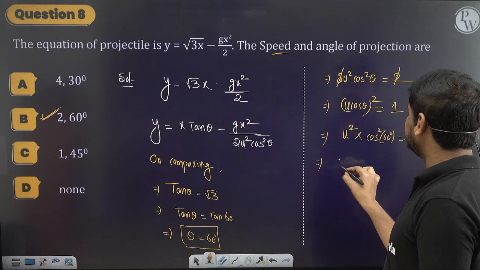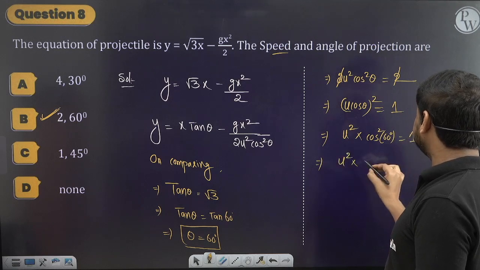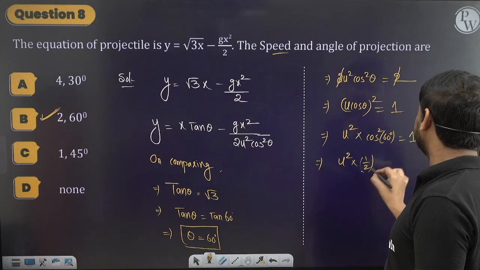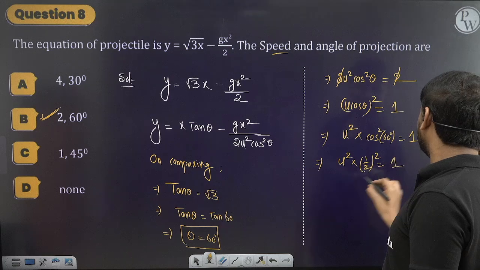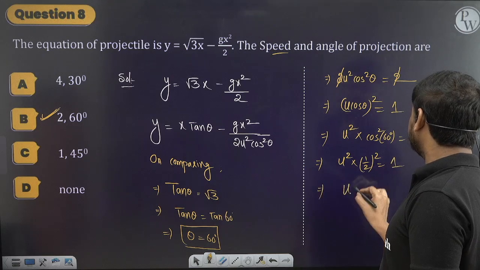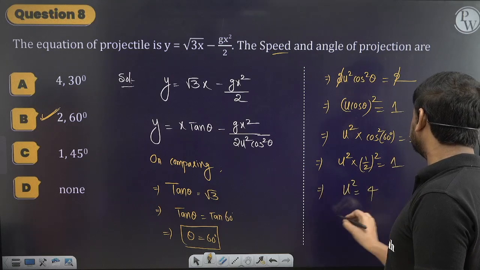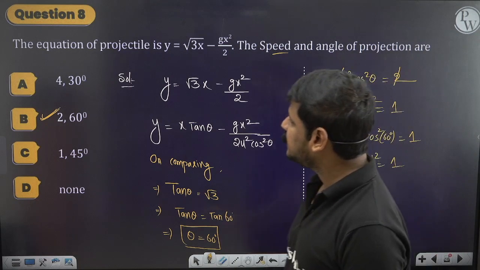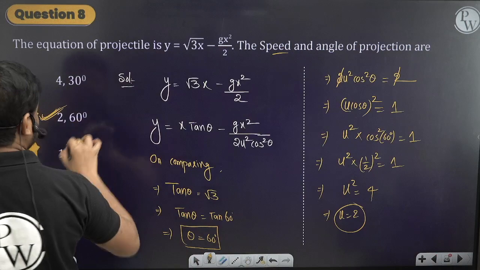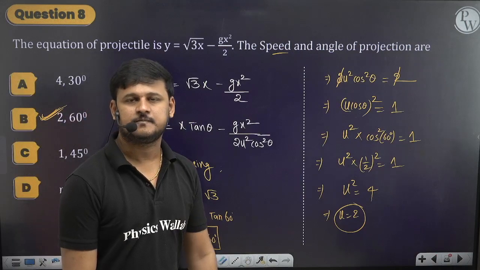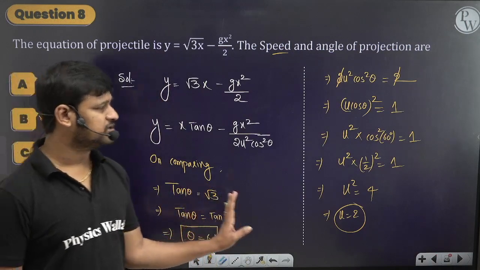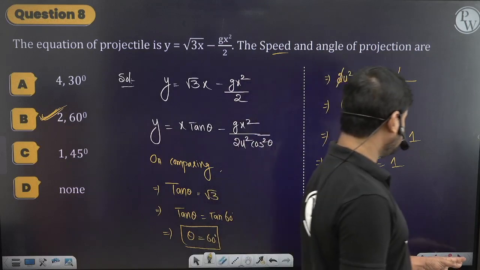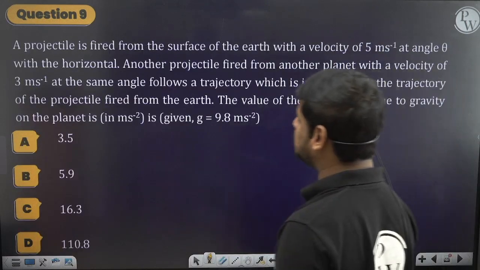So u square into cos square 60 degrees is equal to 1. So u square into (1 by 2) whole square is equal to 1. From here u square is equal to 4, therefore u is equal to 2. So the speed is 2 and the angle of projection is 60 degrees. Done? Very simple question. Chalo, let's move to the next question. What does the question say?